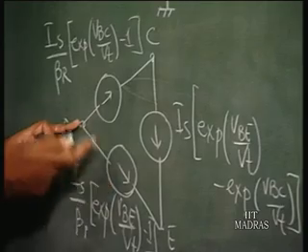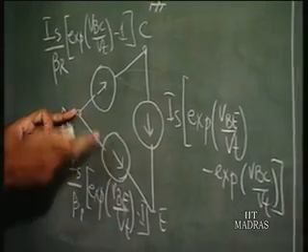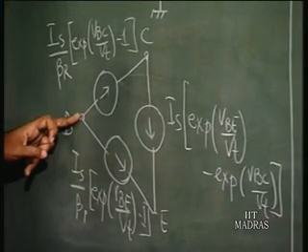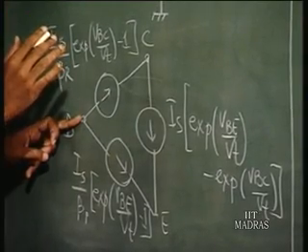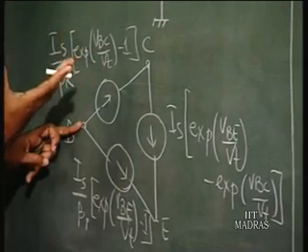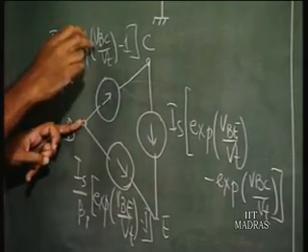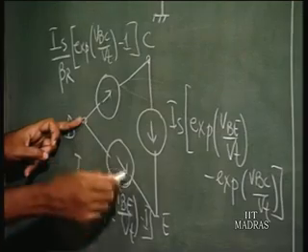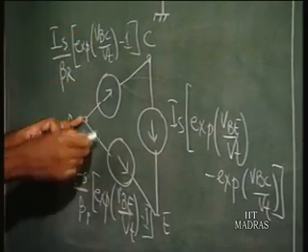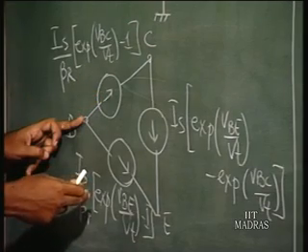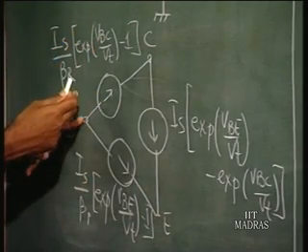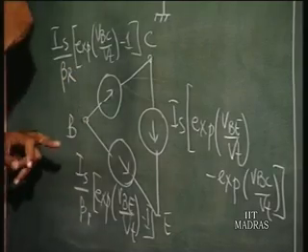Now, assuming that VBC is less than VBE, although the transistor is actually in saturation, when it is just going into saturation, VBE is much greater than VBC, may not be very much greater, but because of the exponential relation. If VBE is 0.7 and VBC is 0.5, exponential 0.7 by VT is going to be much greater than exponential 0.5 by VT, because of the exponential nature.